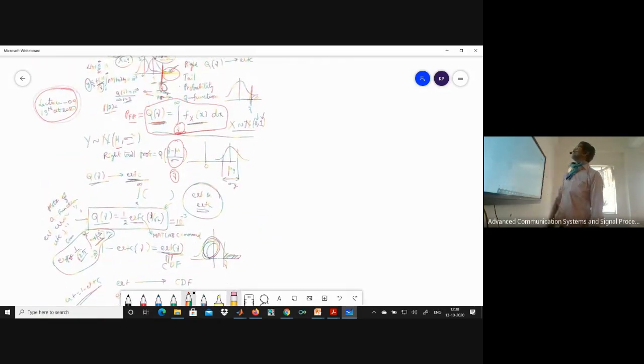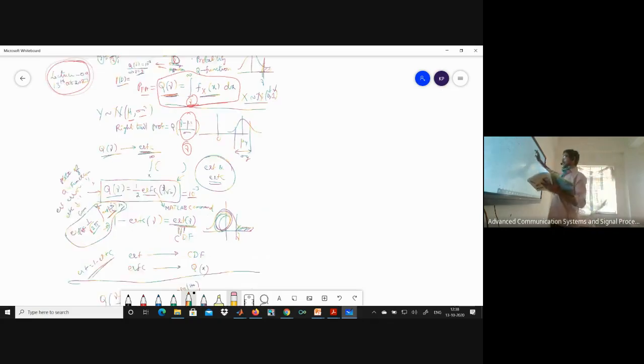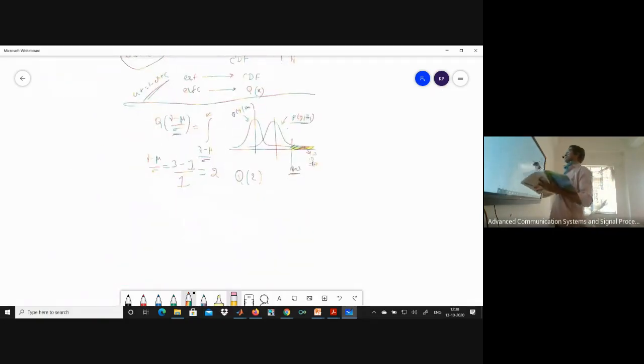Probability of detection, I'll try to calculate it for you if required. It will be 0.023. So probability of detection is equal to 0.023.